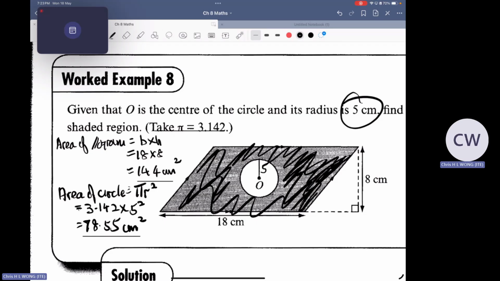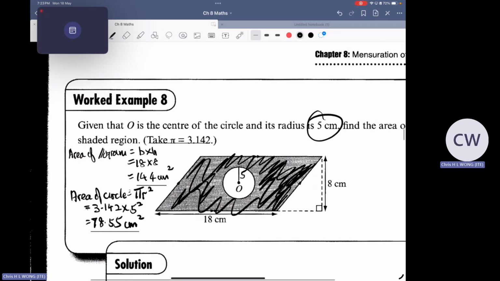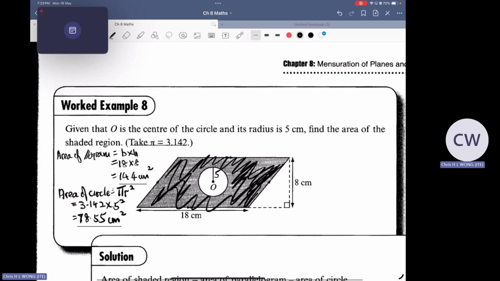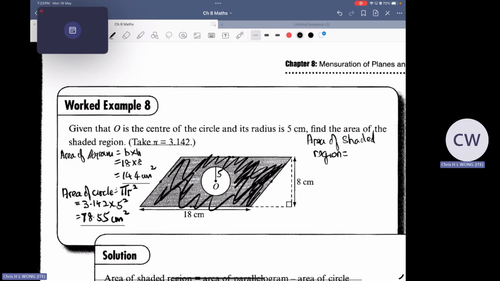Okay, total area. So the area of the shaded region equals to 144 minus the circle, right? 78.55.